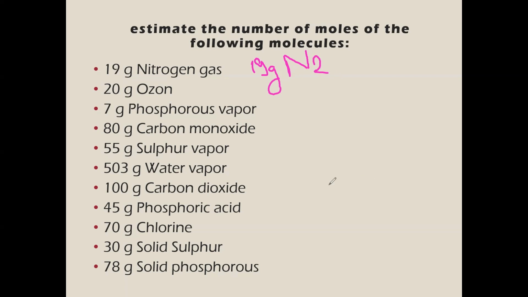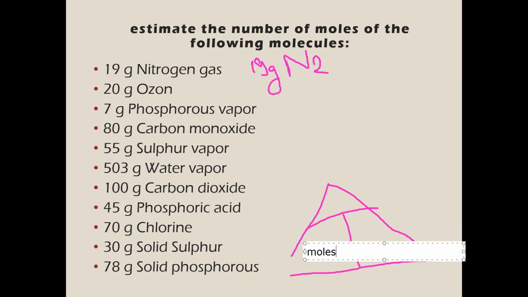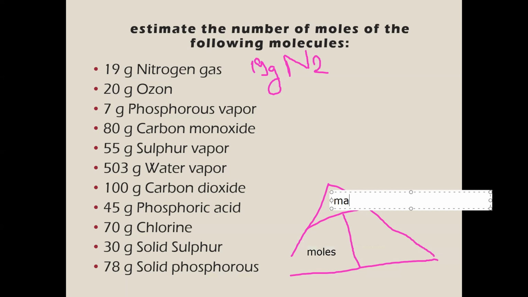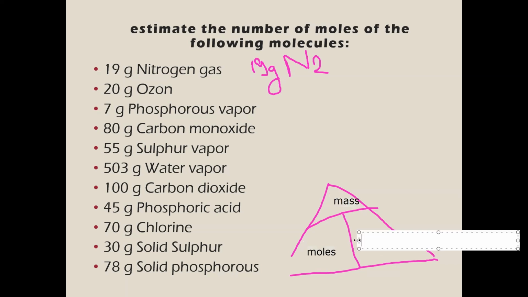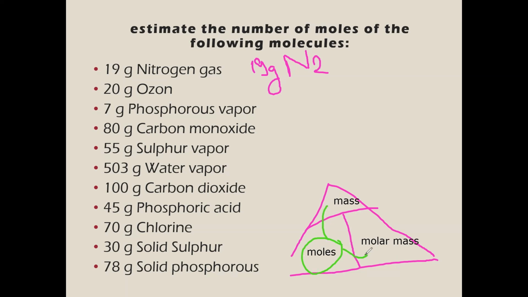How can we calculate it? Remember, we can use the triangle. Here we have the moles, here we have the mass, and here the molar mass, the mass of 1 mole. So we have the mass and we need to calculate the number of moles. So the number of moles is mass over molar mass.